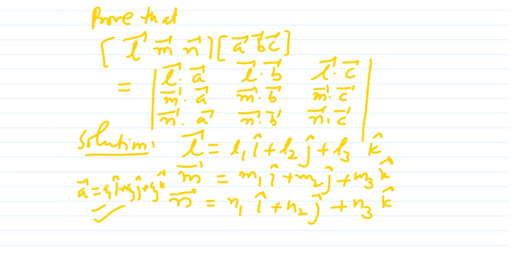So if you take the dot product of L and A, L and B, and L and C, the situation will be like that. Means first we will calculate the left hand side, okay, and then we will try to prove the right hand side.